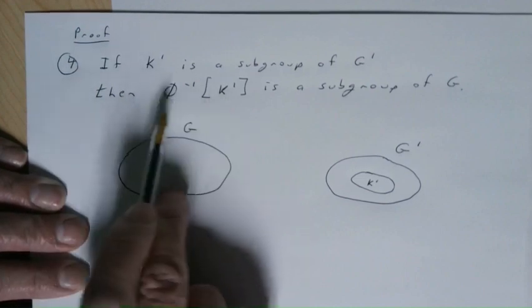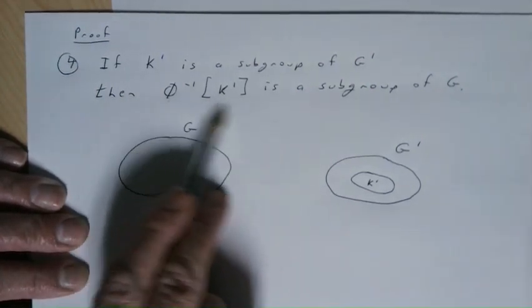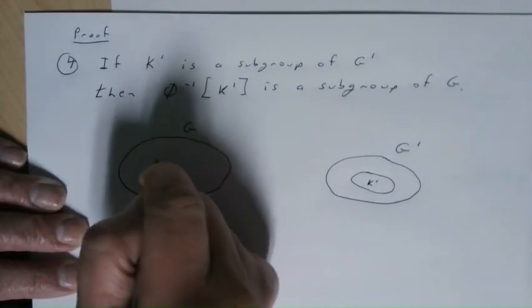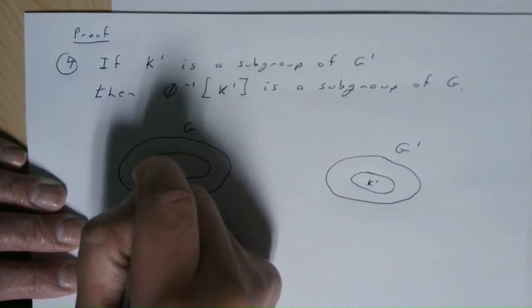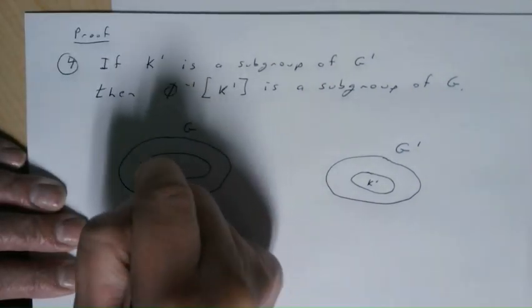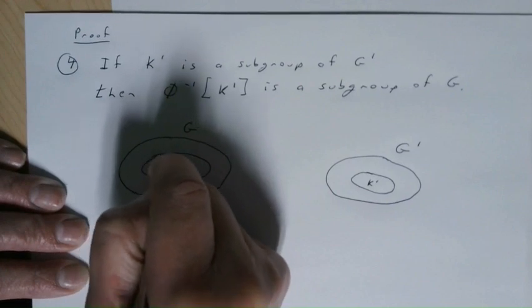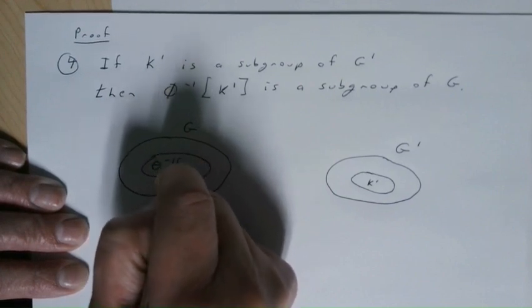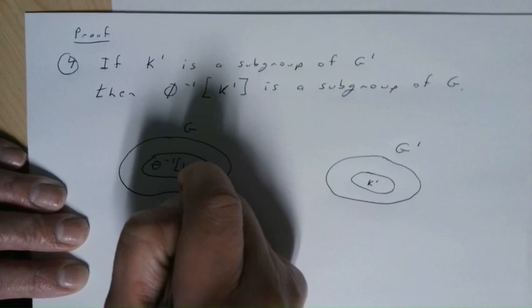And then the inverse map is going to be back to this over here, which is phi inverse of K prime.